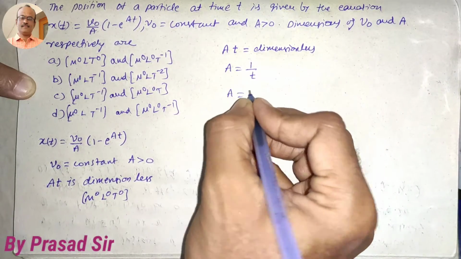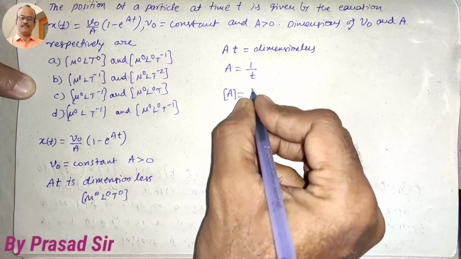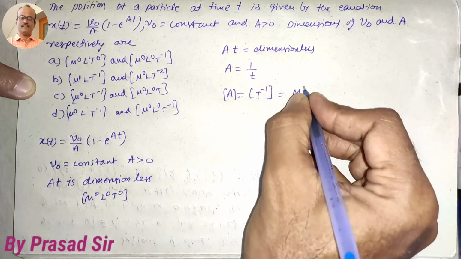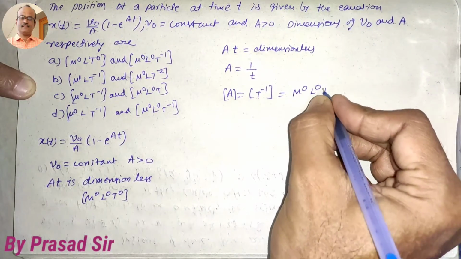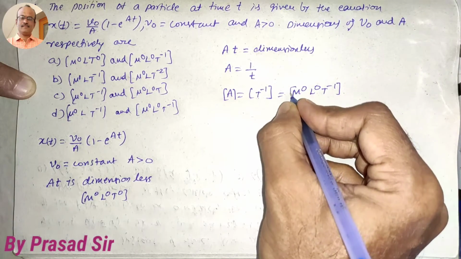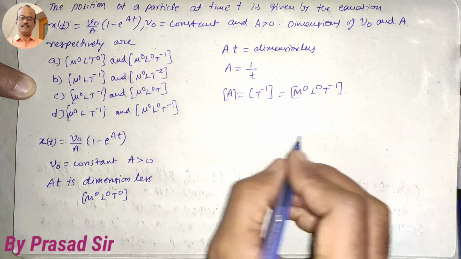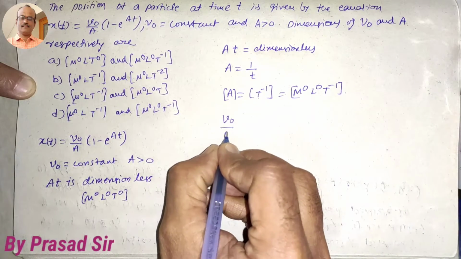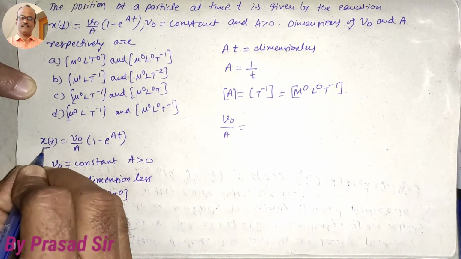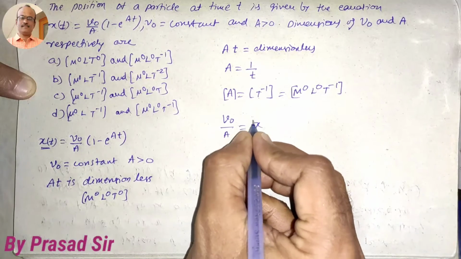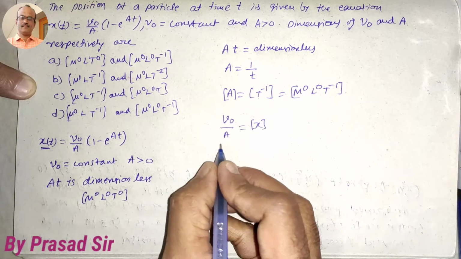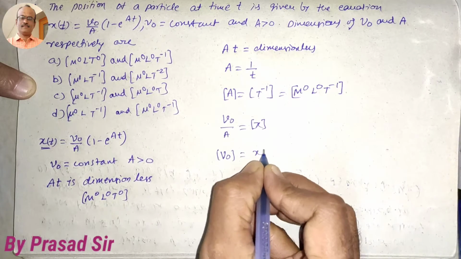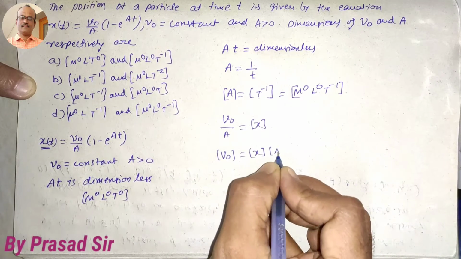So the dimensional formula of a is T to the power of minus 1, that is M to the power of 0, L to the power of 0 and T to the power of minus 1. But here it is given that v naught by a is equal to x.